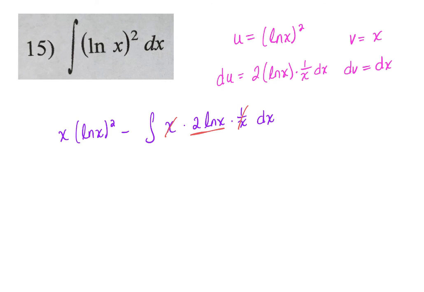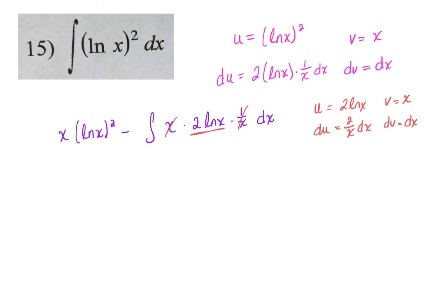And so once again, I have to use integration by parts here. So I'm going to say my u is going to be 2 ln of x. My du is going to be 2 over x. My dv is going to be the dx, and my v is just x.